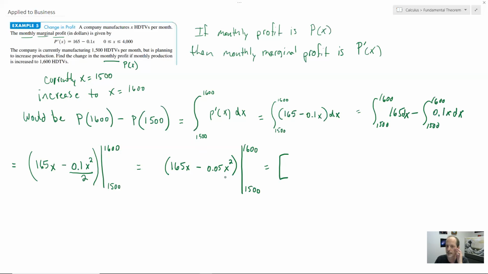So substituting, I'm going to have 165 times upper bound 1600 minus 0.05 times 1600 squared. Okay, so that takes care of that. Minus 165 times 1500 minus 0.05 times 1500 squared.